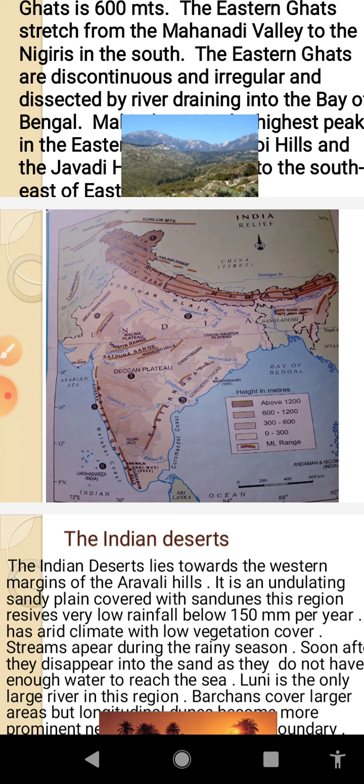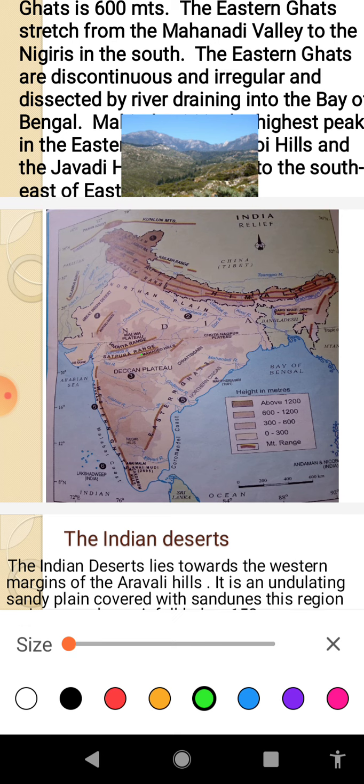But now, due to the weathering of the northwestern part of the Deccan Plateau, we get black soil in this area. The black soil is ideal for the cultivation of cotton.